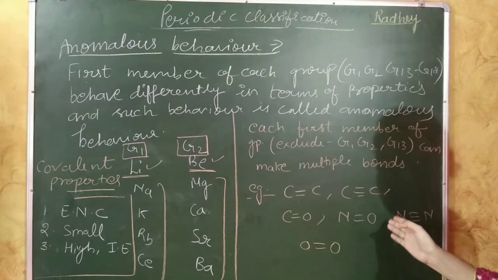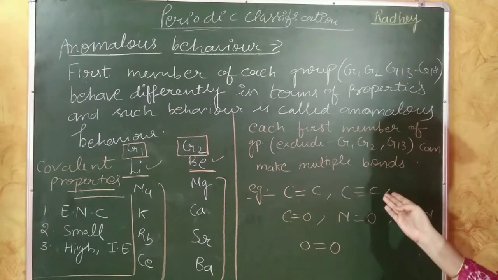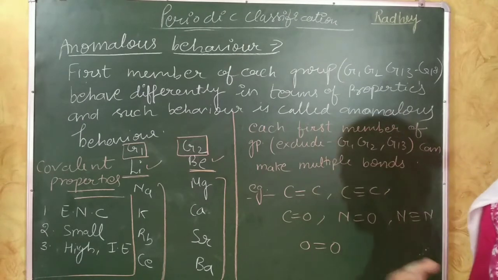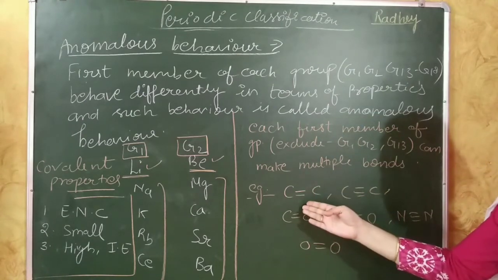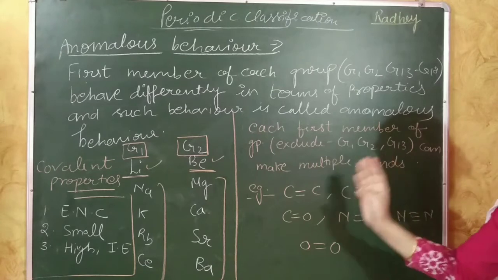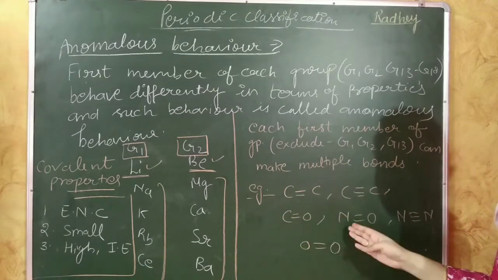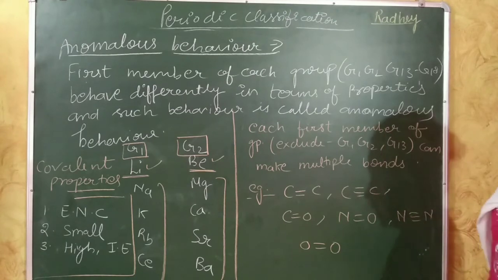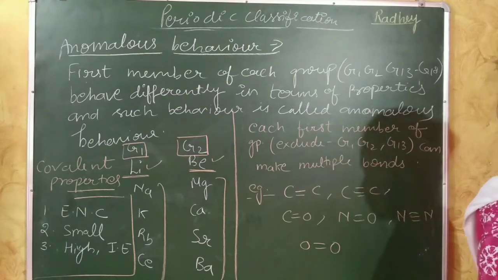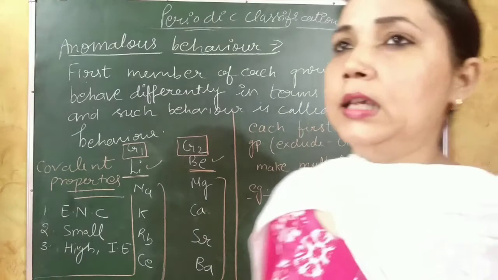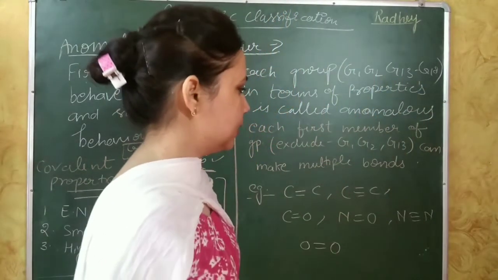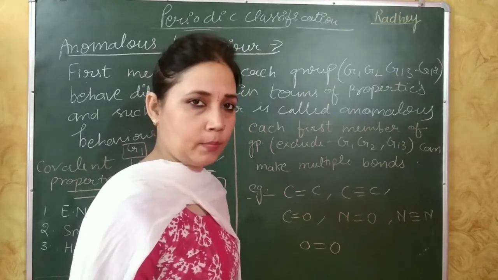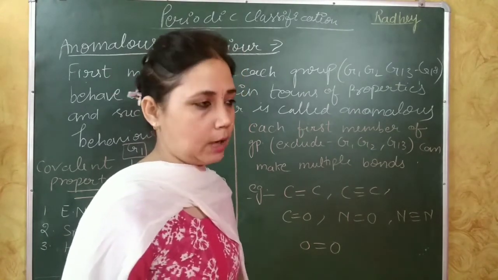It means they form multiple bonds, and no other member has the ability to form such types of bonds. So carbon has sometimes 2 bonds, 3 bonds. Carbon and oxygen have a double bond, nitrogen and oxygen have a double bond, and the nitrogen atom has a triple bond. So these are the first members of the groups which show such a property, and the other members of these groups do not.